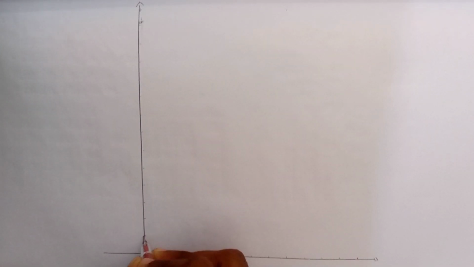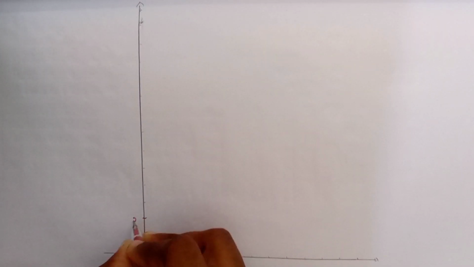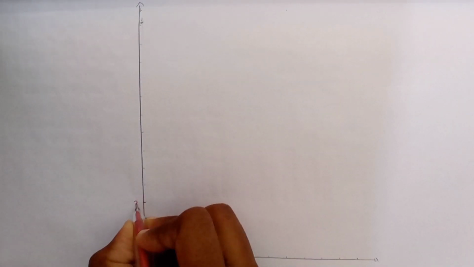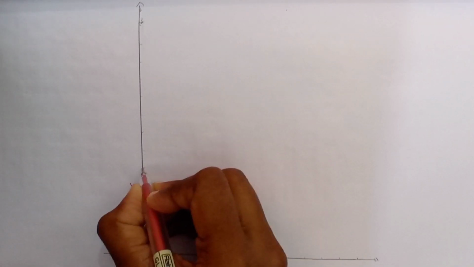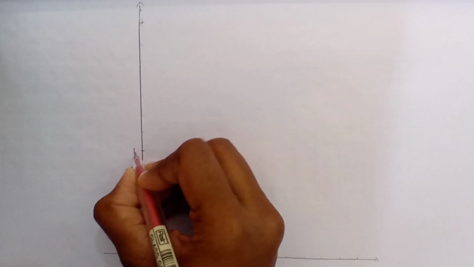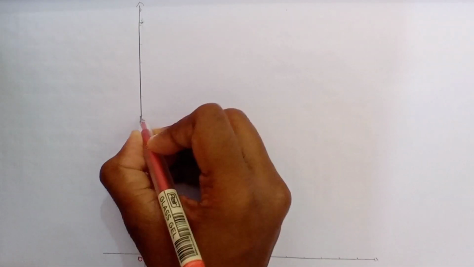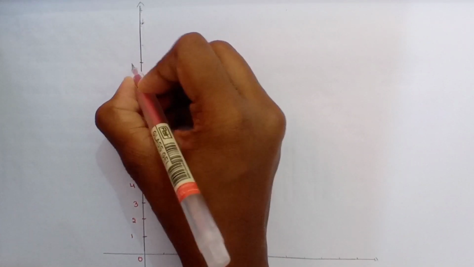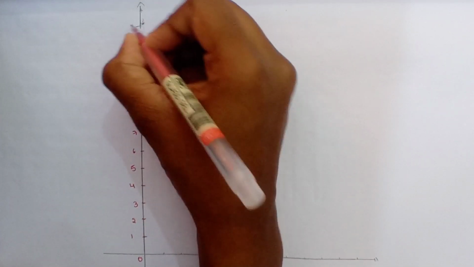Here it is 0, 1, 2. I have already marked the centimeters, so I'm just naming them: 5, 6, 7, 8, 9, 10, 11, 12, 13 and 14.